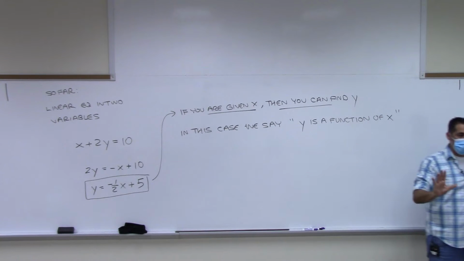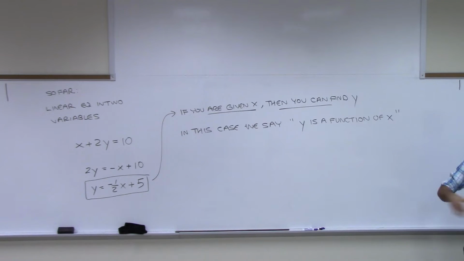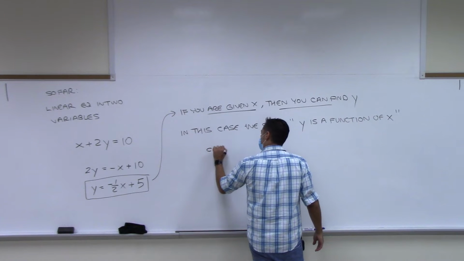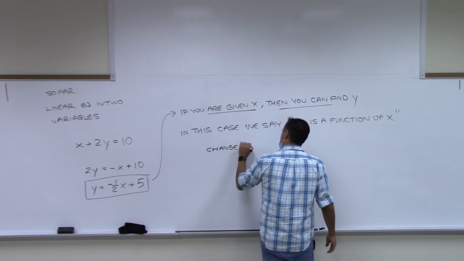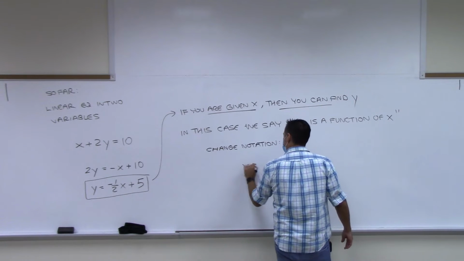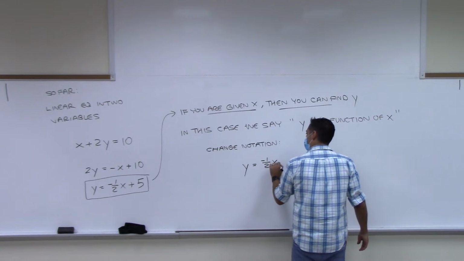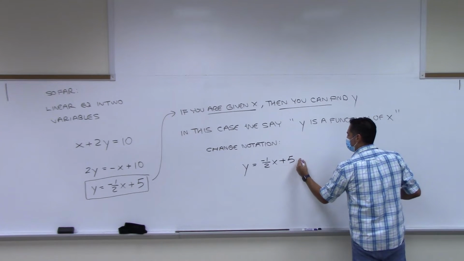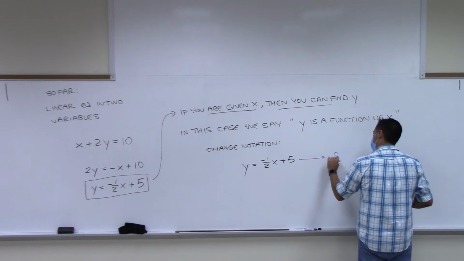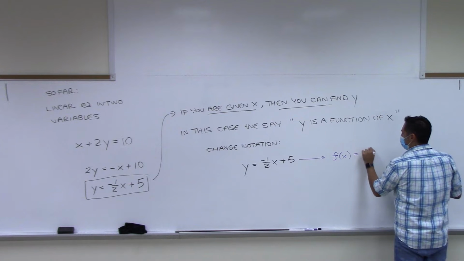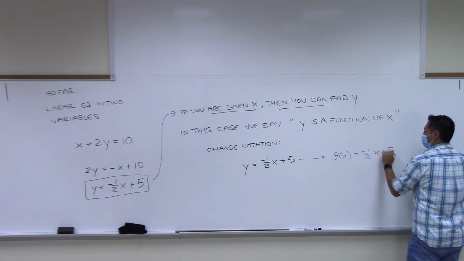And whenever that happens, we can change our notation. Instead of writing this, we can change the notation we have and go from this and switch it over to this new notation: f, and then a little set of parentheses with x in it, and then equals negative 1/2 x plus 5.